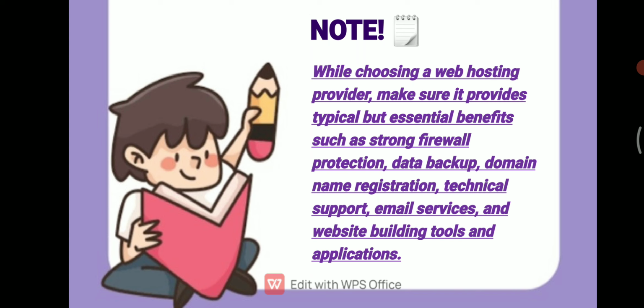So whenever you book a web hosting, you should always make sure that you have firewall protection which keeps your website away from any type of viruses and scam. Also, you have to keep a domain name registration properly, email services, and all the technical support should be proper whenever you choose any type of web hosting.